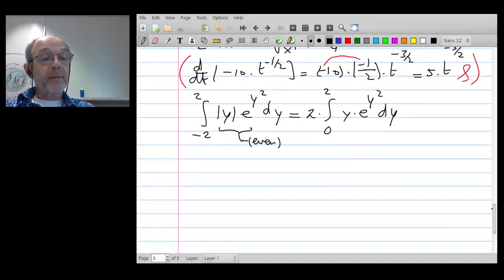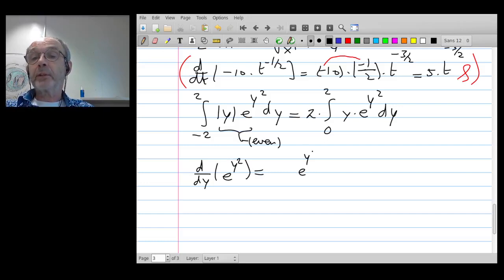We see if we differentiate the exponential function of y squared, what do we get out of it? Now, using the chain rule, that exponential keeps staying, but you have to multiply by the derivative of y squared, and that gives you 2y.